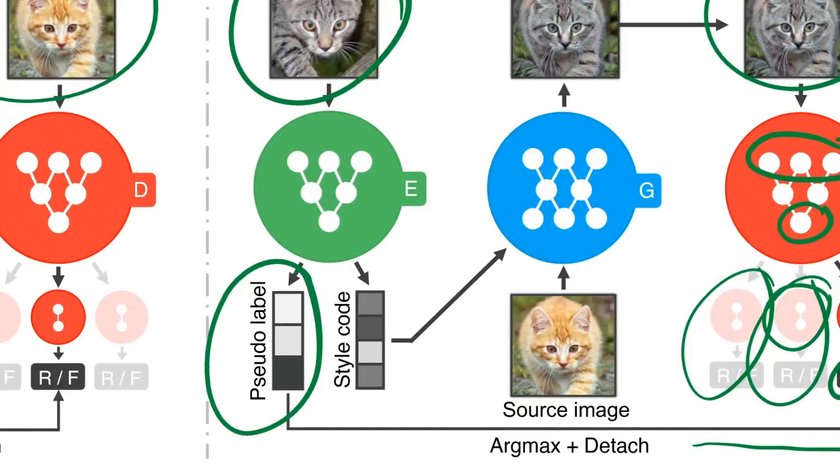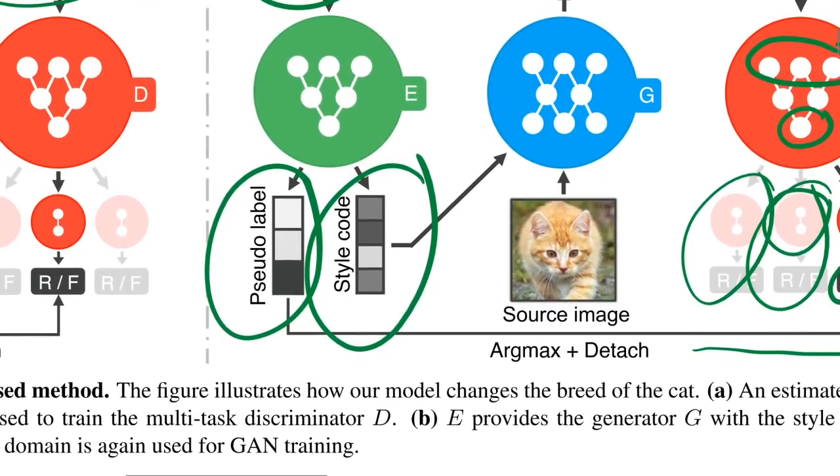One is a label and one is a style code. So the label is supposed to be a number between 0 and k minus 1. So that's supposed to be a class label. And how do you know how many classes there are if there are no labels? You just guess. And your best bet is to slightly over-guess.